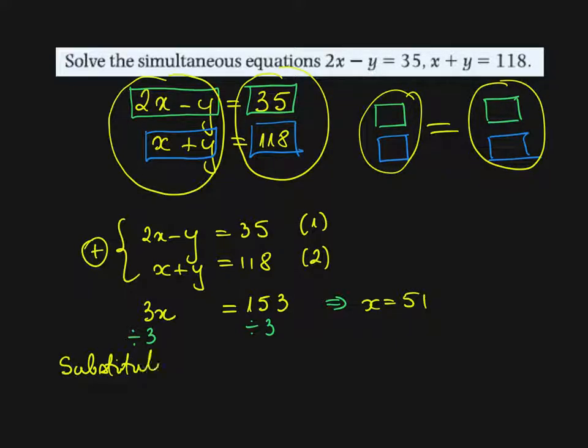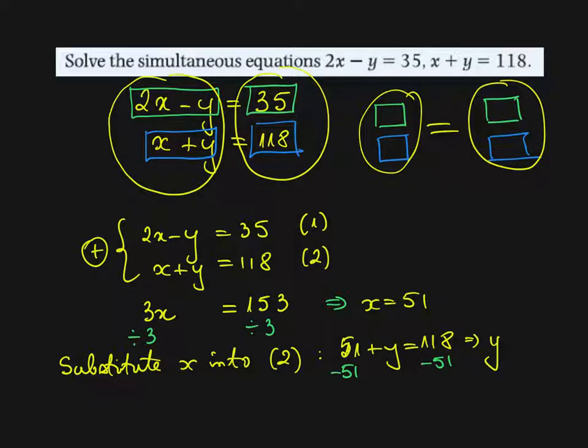I substitute x into equation 2, it seems simpler. So I get 51 plus y equals 118. Subtract 51 from both sides. Therefore, y equals 67.